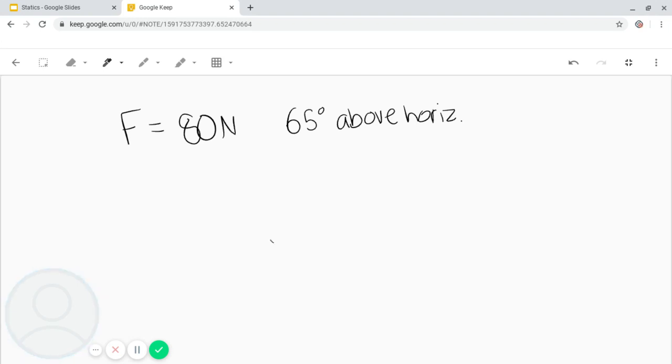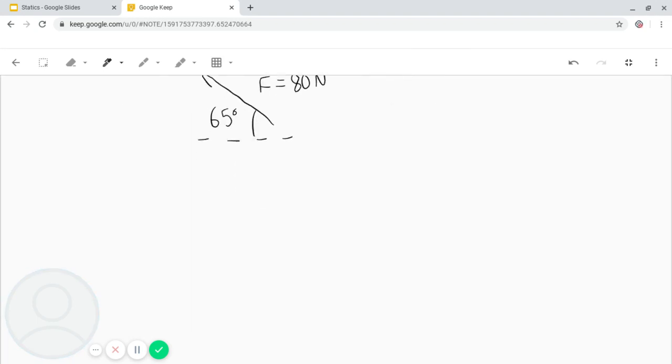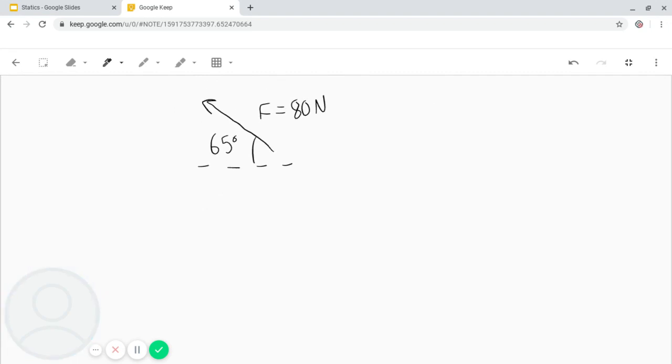So just to redraw this again, we have the force something like this, and this is 65 degrees, and the force is equal to 80 newtons. So in this case, the force only has x and y components, so we can say that the z component is 0. Find the x component.